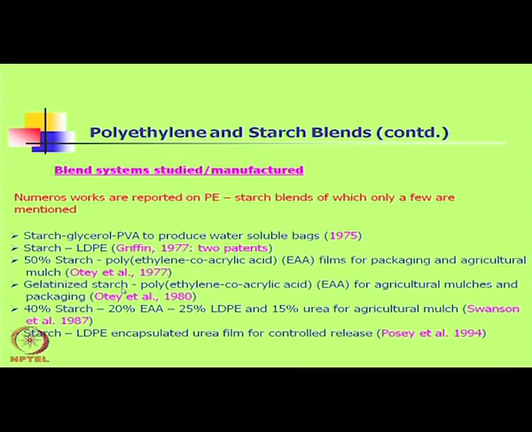Gelatinized starch was also blended with ethylene acrylic acid copolymer for agricultural mulch application as well as packaging. One formulation has 40% starch, 20% ethylene co-acrylic acid polymer and 25% LDPE, so LDPE, ethylene acrylic acid copolymer and starch, along with 15% and 50% urea, which is a fertilizer included in this film, giving a slow release fertilizer action as well as degradation.